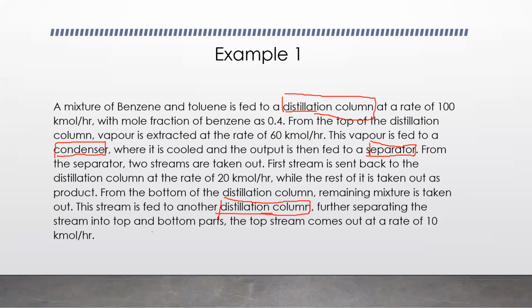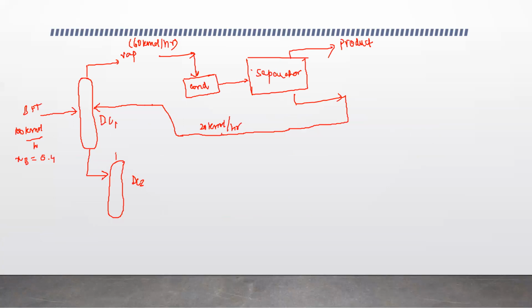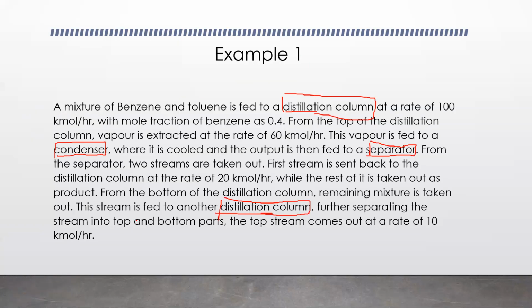Further separating the stream into top and bottom parts, the top stream comes out at the rate of 10 kilomole per hour.